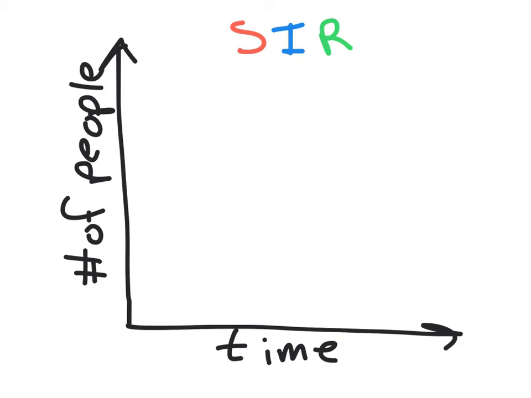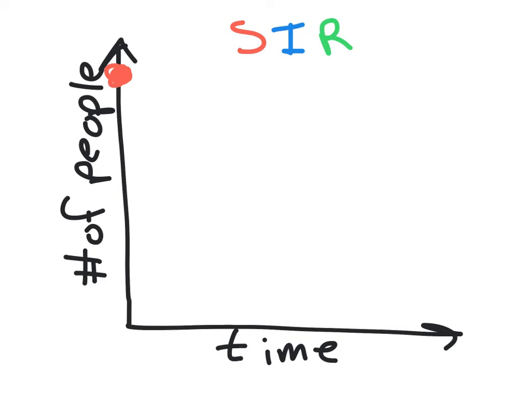So for the susceptible amount, notice we're going to start way up high where everyone in the population is susceptible, but you'd hopefully notice that that derivative was negative, right? It was negative alpha times S times I. The number of susceptible people is always going to be positive, so S is positive. The number of infected people is always going to be positive, so I is positive.